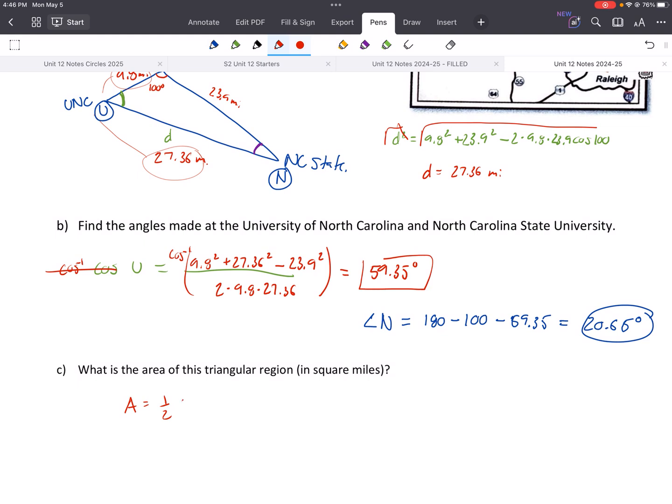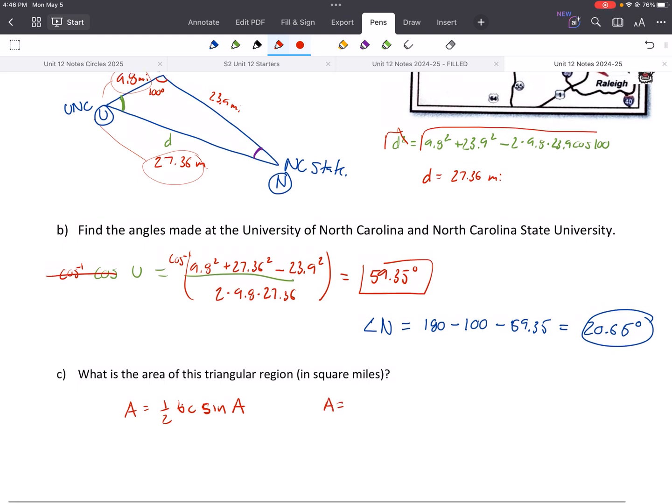So we could call it B and C or anything, right? And then we'd do sine of that angle that's between the other two sides. So for this one, we could do the angle that they give us. It's always good to choose, sorry, I don't know why I put 100 there.